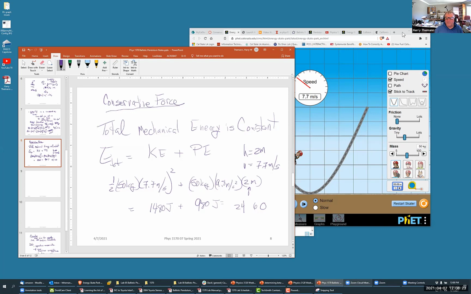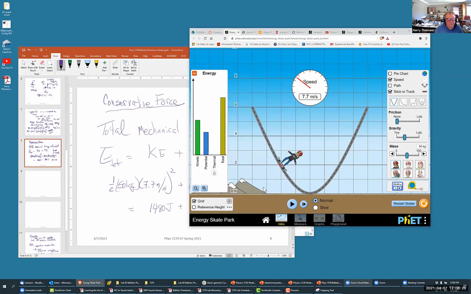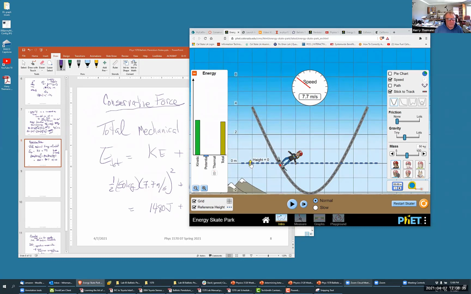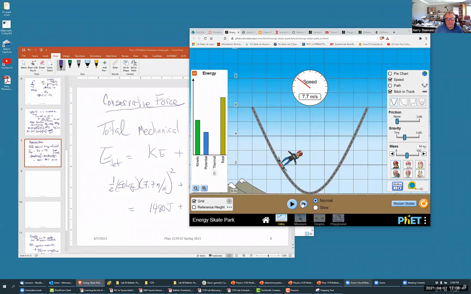I don't think that it's on here. Let's take a look. The grid. Yeah, reference height. The trouble with that is that it just sets whatever the 0 is, and that's not very helpful. So we can't figure out exactly how high she is. Yeah, she looks like she's a little lower than 2 meters.